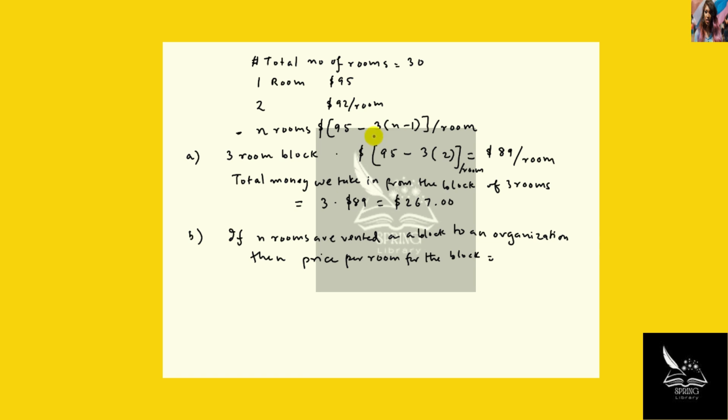It is 95 minus 3n plus 3, which is 98 minus 3n dollars.